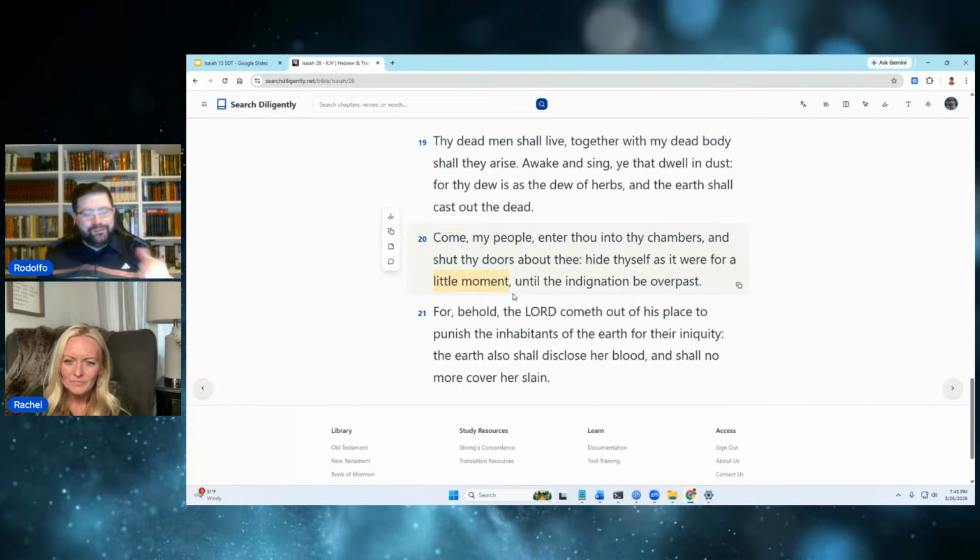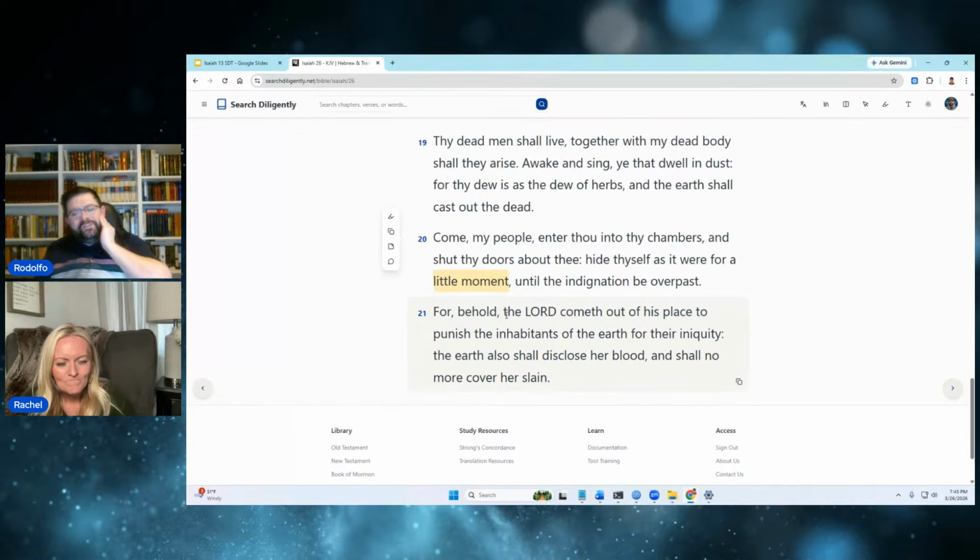And you have a good connection here with section 121, the small moment the Lord told Joseph. I think little moment or small moment represents a time of trial or difficulty, because in the D&C Joseph is told that for a small moment he has to suffer these things, but it's only for a small moment.